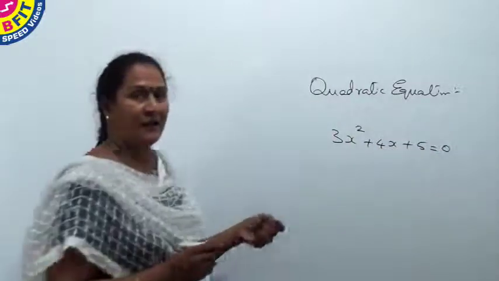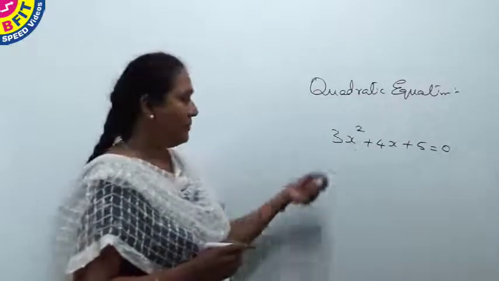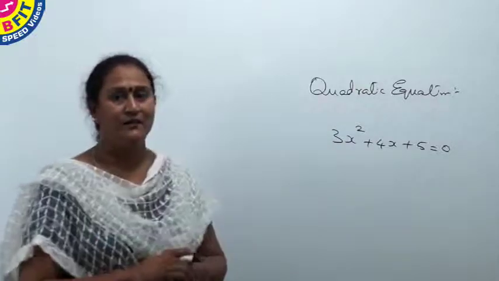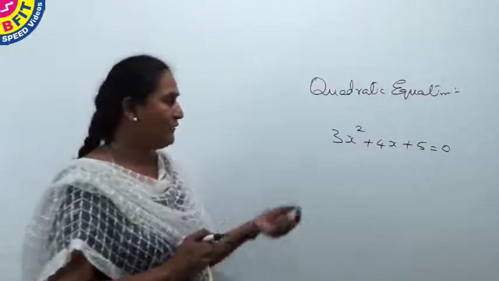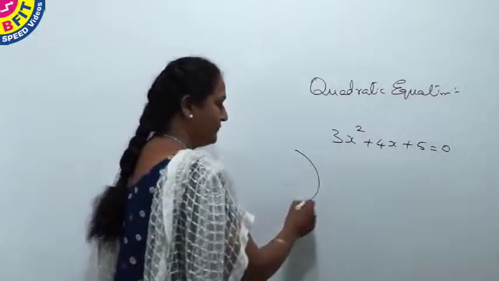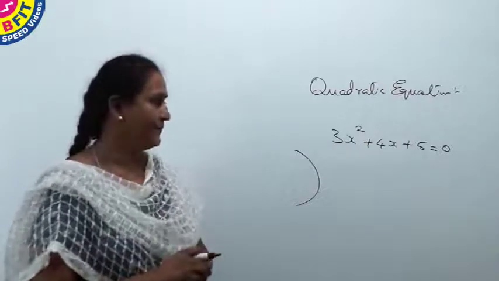Here we have 3 terms, where we have the power of x as 1 and the power of x as 2. The highest power is 2, so it is termed a quadratic equation. When we plot these points on a graph, we get a curve. It can be a circle, a parabola or an ellipse.